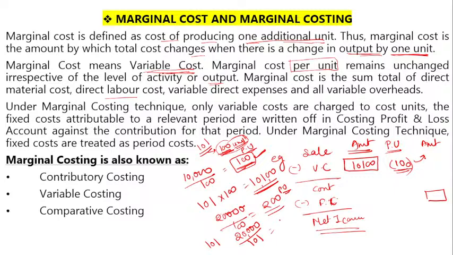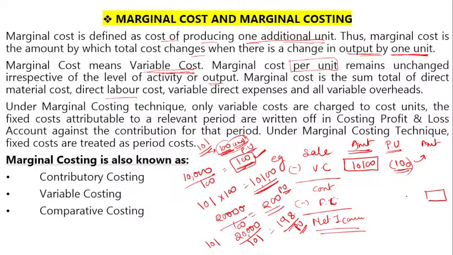Give me a second. So how much will we get? 198 point something, that is the per unit cost.